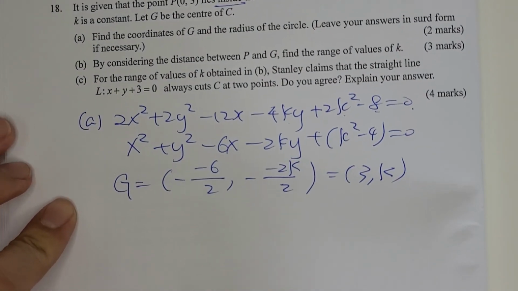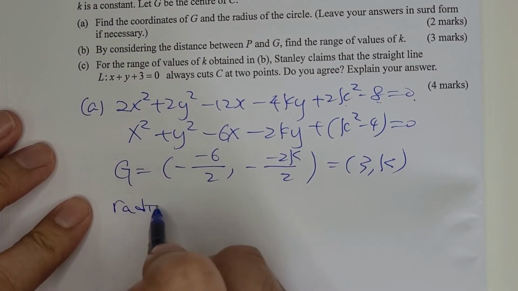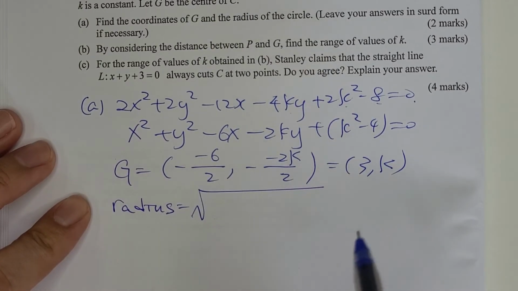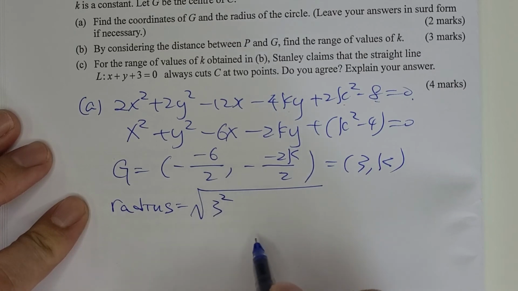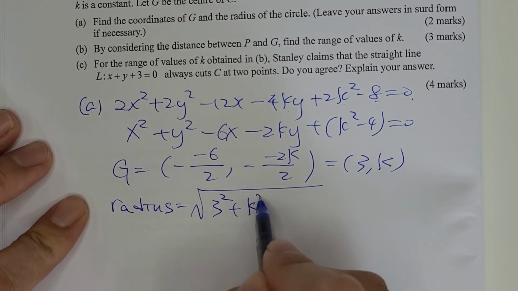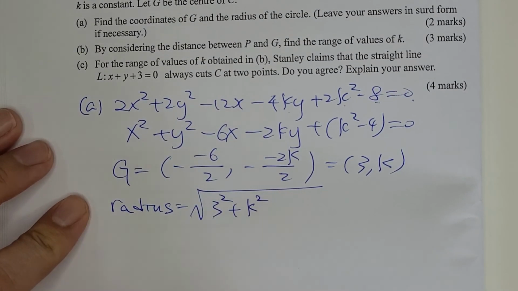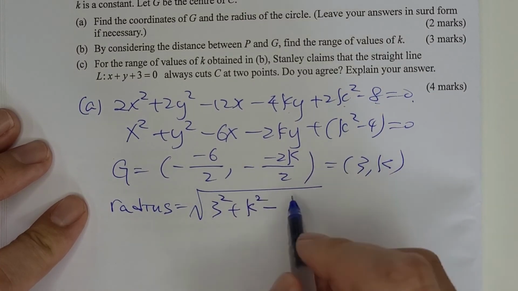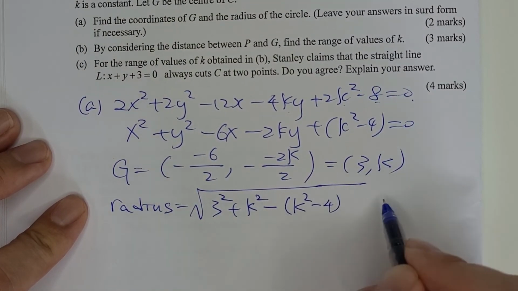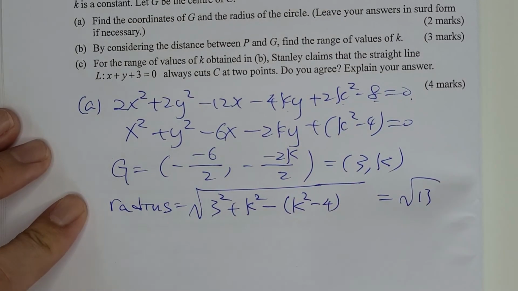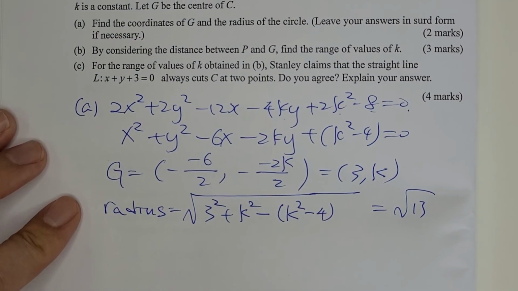And next, find the radius of circle. That will be the square root of the x coordinate of center squared plus the y coordinate of center squared minus the constant, k squared minus 4. That is square root 13. Okay?